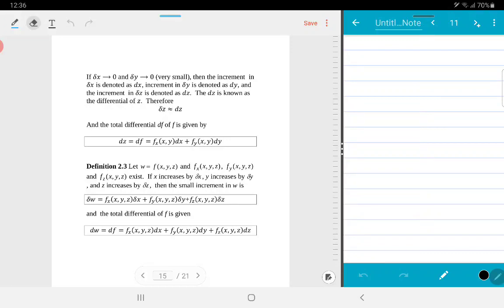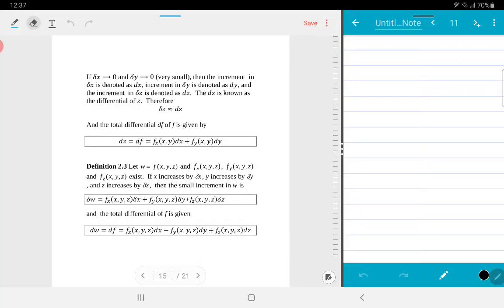And of course, we can extend this to a function with 3 independent variables. For 3 independent variables, we have 3 terms. So this is the increment in w, and this is the total differential of f. You can see they're very similar, but instead of delta, we use d.